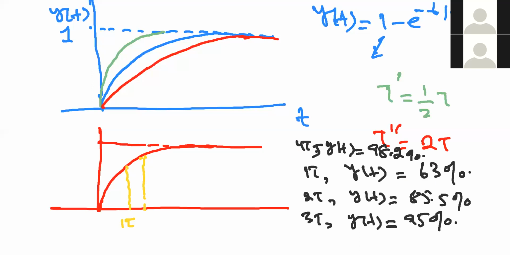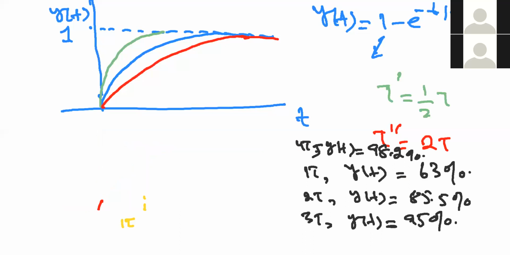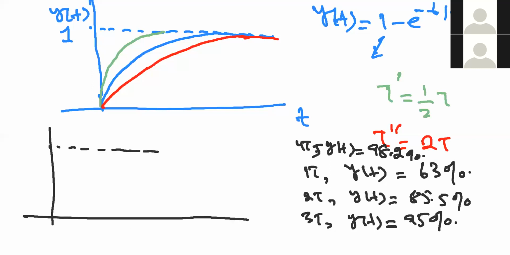So you have to find the time constant. At one time constant, let me draw this clearly. This is the final value. This is one time constant, and this is 2, 3, and this is 4.